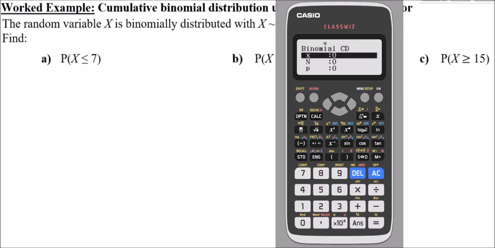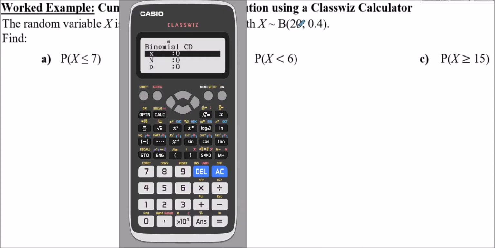Now we input what we need. Here we're told that n is 20, so toggle down, press 20 for n and equals. P is 0.4, so press 0.4 and then equals. And then we want X to be up to and including 7. This symbol's already the correct symbol, so we can just proceed without any worry.